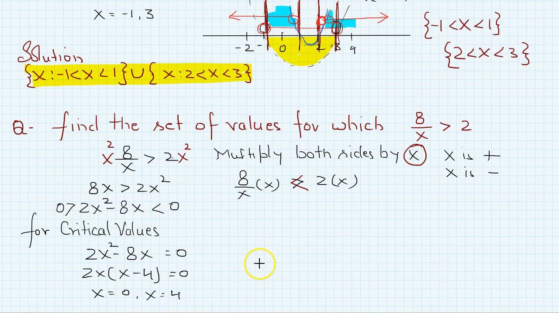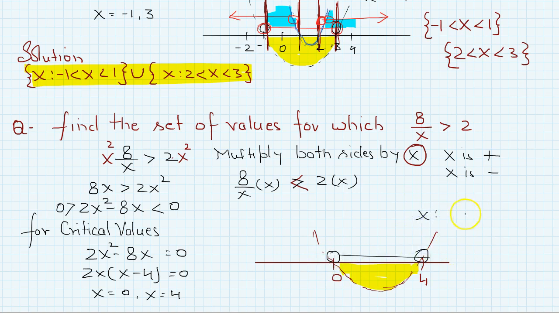So if we draw a number line, it is 0 and say this is 4, and we draw the graph. It is less than 0. Less than 0 means the down part of the graph. So our solution set will be x such that x is greater than 0 and x is less than 4.